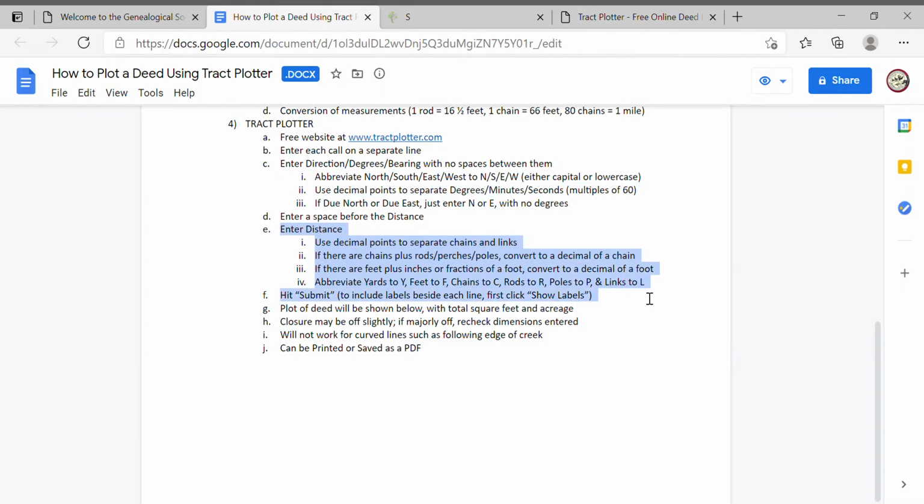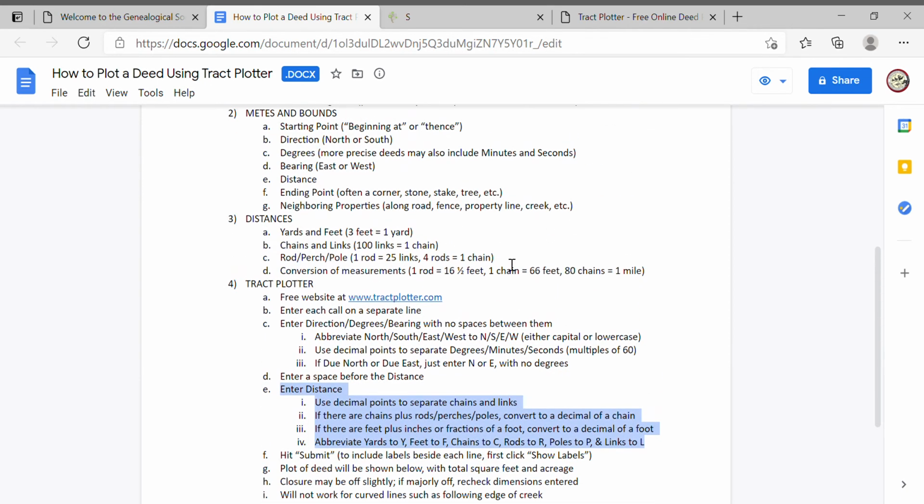So a few things about distance. We're going to use decimal points to separate chains and lengths. And if there are chains and also rods, perches, and poles, you can convert the rods, perches, and poles to a decimal of a chain. Using the conversions of measurements, a rod is equal to 25 lengths. So if it said 2 rods, we would change that to 50 lengths and then use it as a decimal.